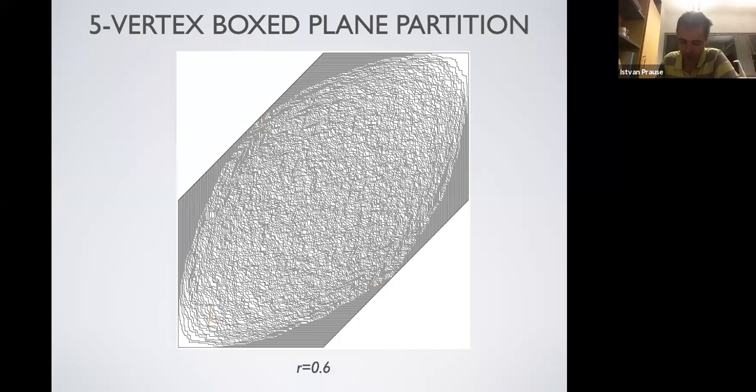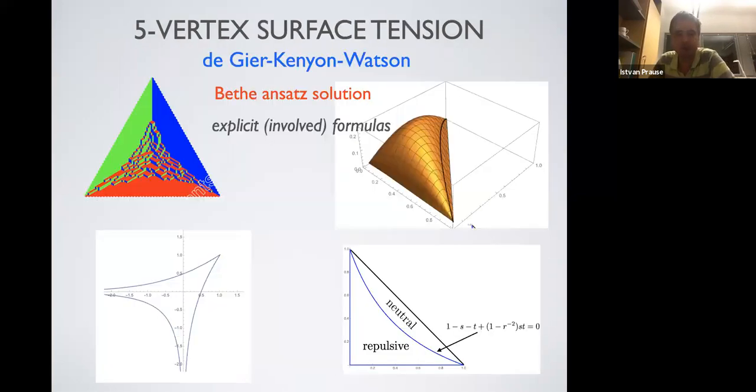Rick explained last week the results obtained with Tegir and Sam Watson, that they have been able to carry out the Bethe ansatz solution to actually describe exactly the limit shape and also the surface tension for this model.